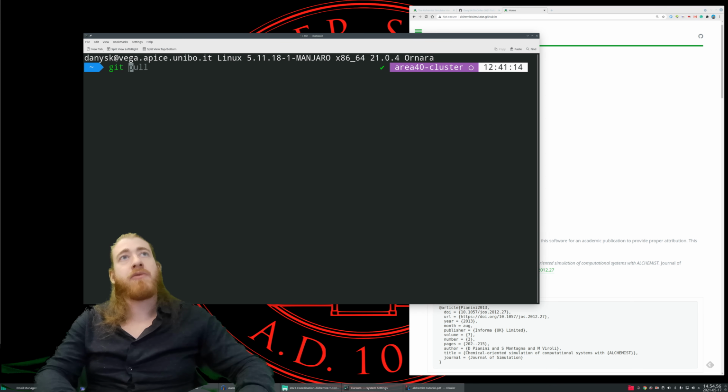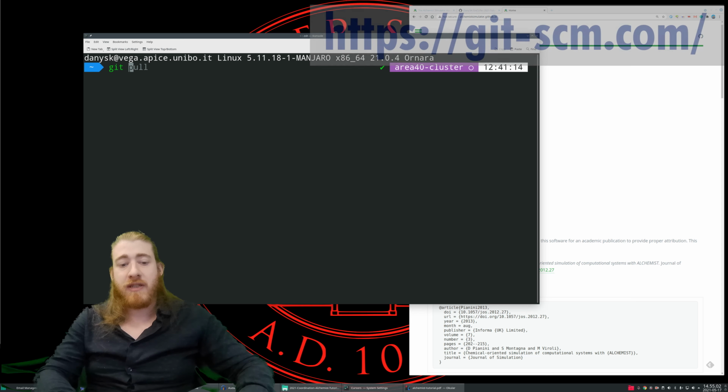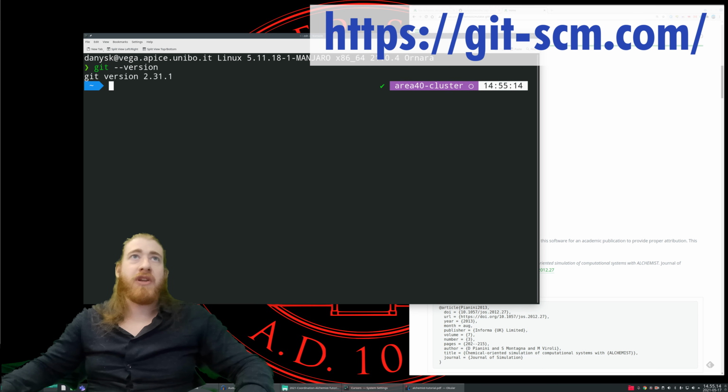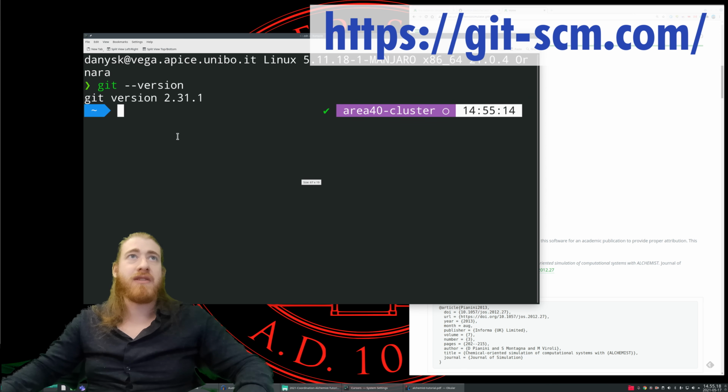Git is a distributed version control system. You likely have it already installed, at least if you use Linux, it's probably pre-installed. To test if it works, run git --version. If it prints something reasonable, you then probably already have Git installed.